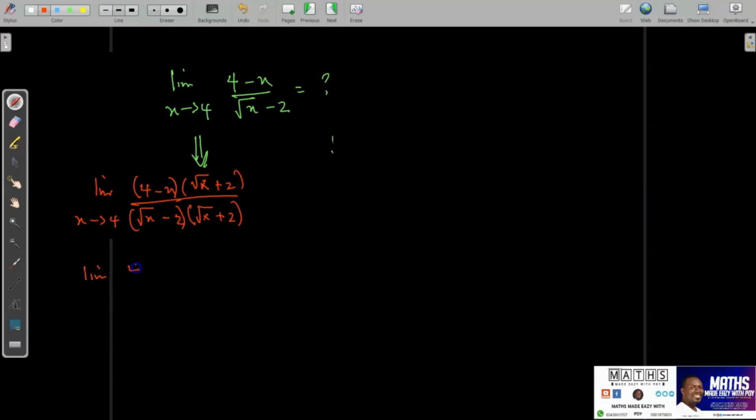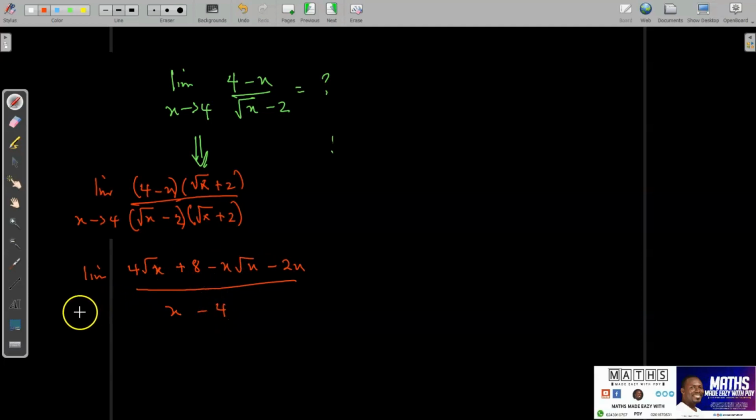So you get 4 root x, then plus 8, then minus x root x, then minus 2x, all on the denominator here. That will give you x, because root x times root x will give you positive x, and then minus 4. Do you agree with this?